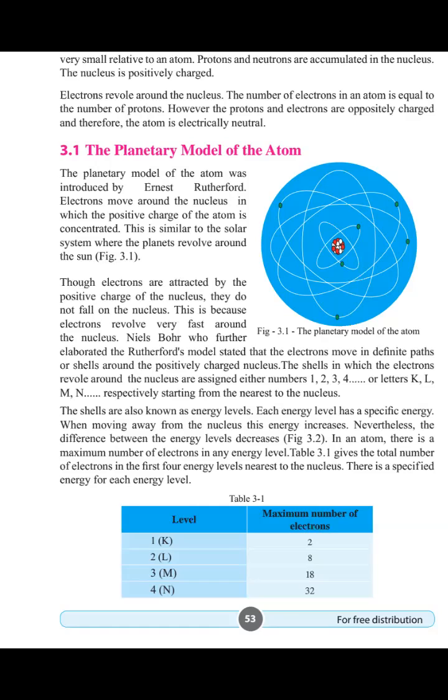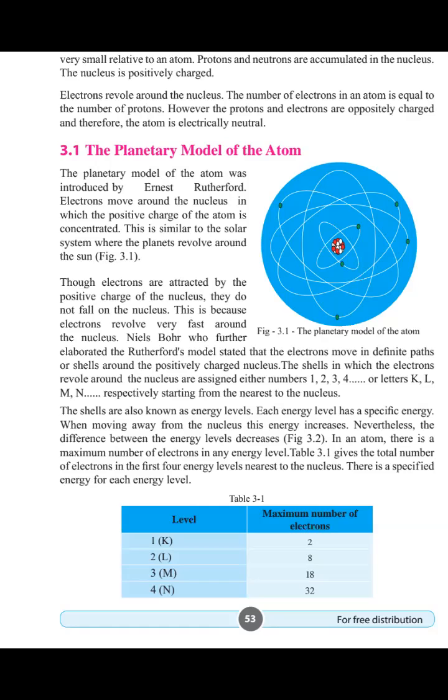In an atom, there is a maximum number of electrons which can be filled to any energy level. It gives the total number of electrons in the energy levels. So there is a specified energy for each energy level, and there is a number of electrons that can be filled.